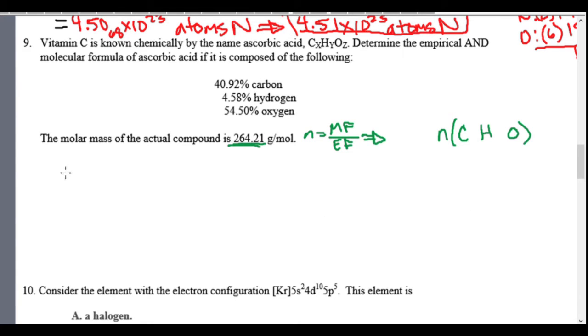Remember, when there are percentages, we assume we have 100 grams. If we have 100 grams of the substance, then we have 40.92 grams of carbon, 4.58 grams of hydrogen, and 54.50 grams of oxygen. So let's jump into this.